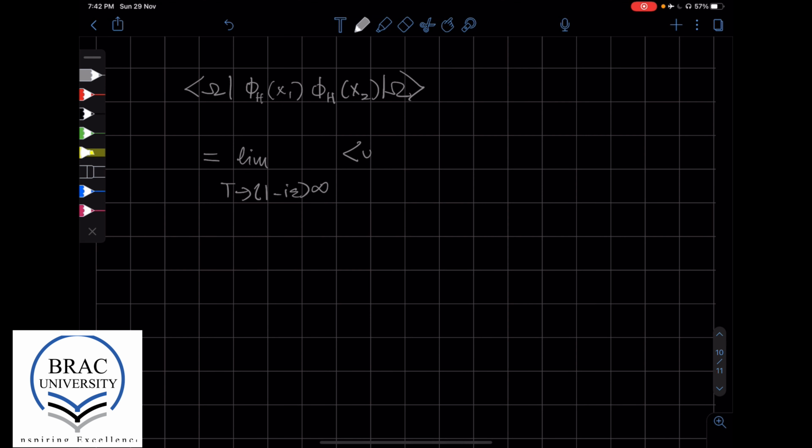And the numerator will be a time-ordered product of phi1 and phi2, so these are interaction picture operators, times the time-ordered exponential.